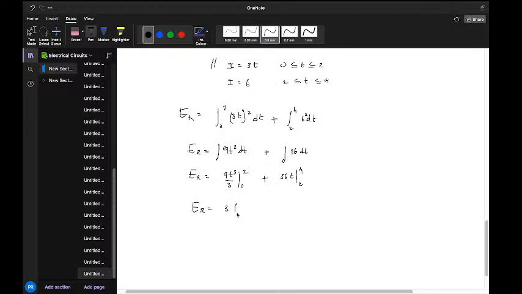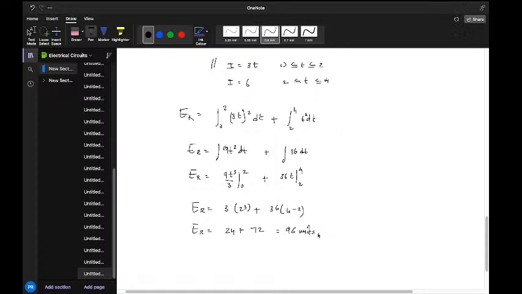It's 3 times 2 cubed plus 36 times (4 minus 2). So 8 into 3 is 24 units, and 36 into 2 is 72 units. So it's 72 plus 24, which is 96 units.